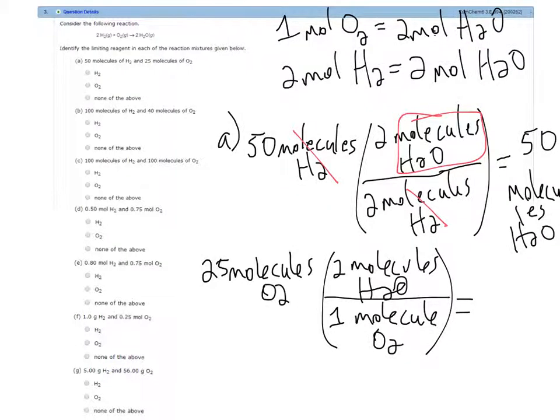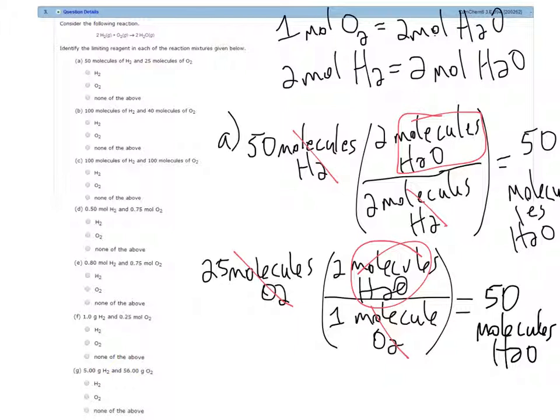The coefficient in front of oxygen is an implied 1, and so we put a 1 in the conversion factor. The coefficient in front of H2O is a 2, and so we put a 2 in the conversion factor. So 25 times 2 divided by 1 gives us 50 molecules of H2O. Notice that the units cross out.